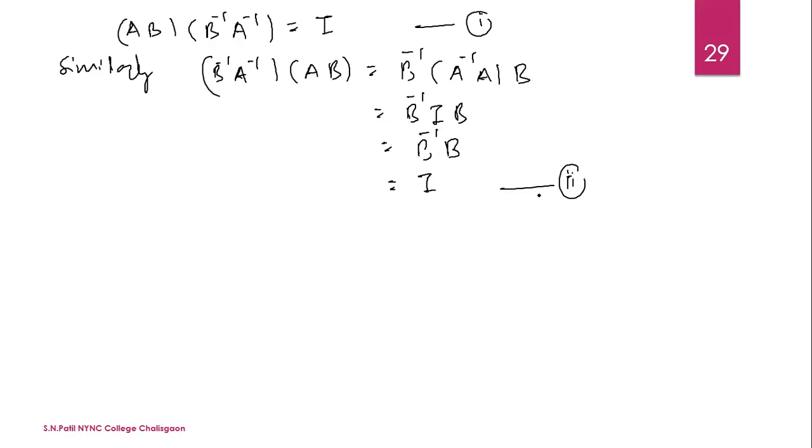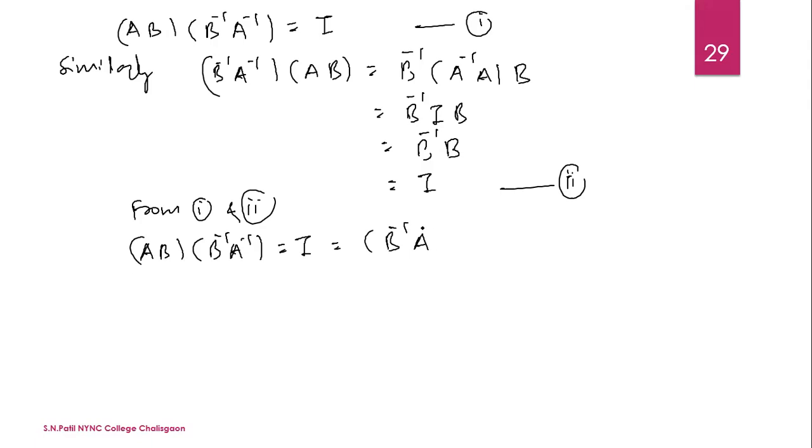Now from equation first and second, AB into B inverse A inverse is equal to identity matrix is equal to B inverse A inverse into AB.